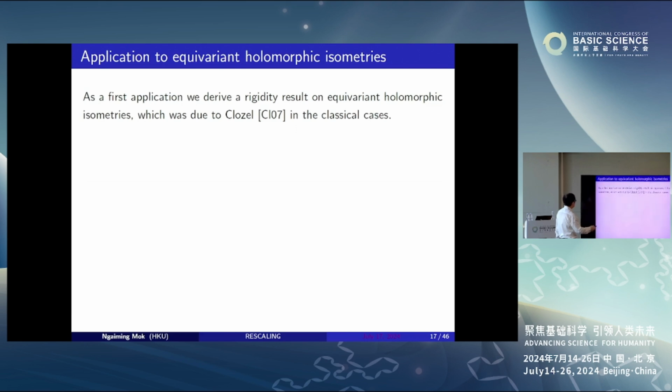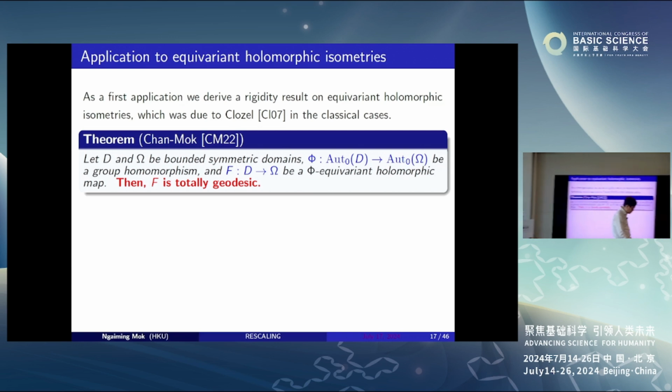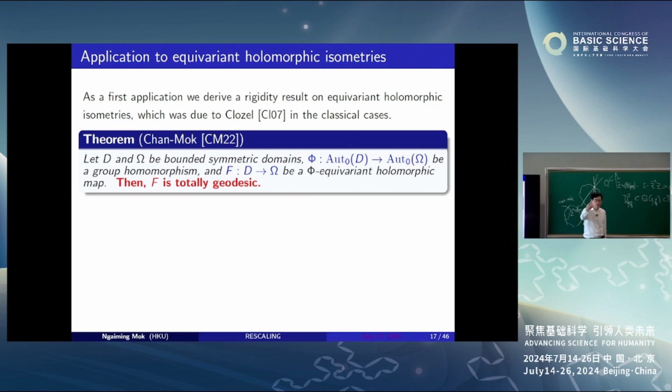Okay. So now I want to give an application, and this was again one of the reasons for studying asymptotic total geodesy. When I visited Oxford, Clozel showed me this work of his, which was done by Lie theory. If you have an equivariant holomorphic map between bounded symmetric domains, is it necessarily totally geodesic?